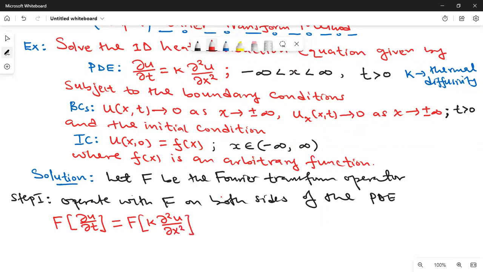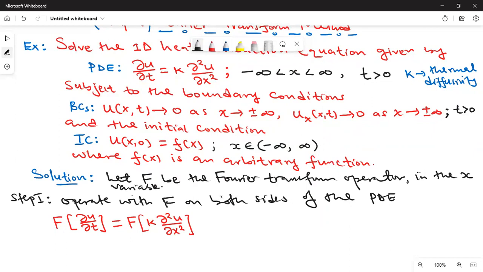Remember, this Fourier transform is in the variable x. So we are saying let F be the Fourier transform operator in the x variable. Why are we saying in the x variable?